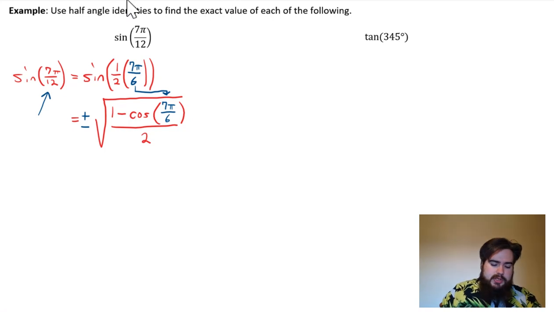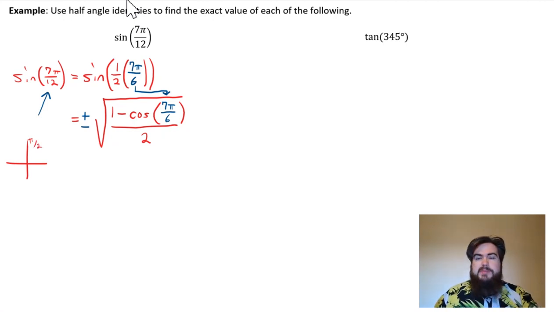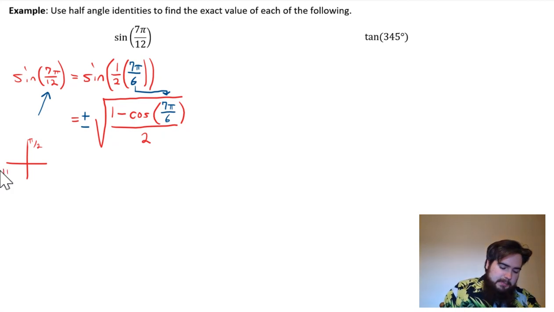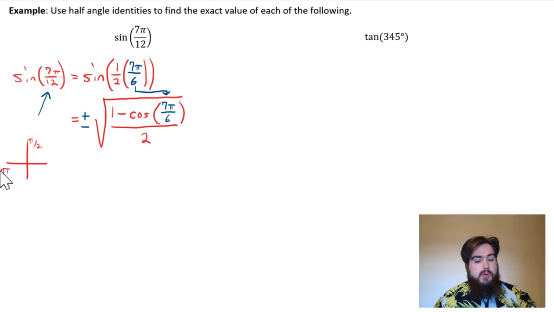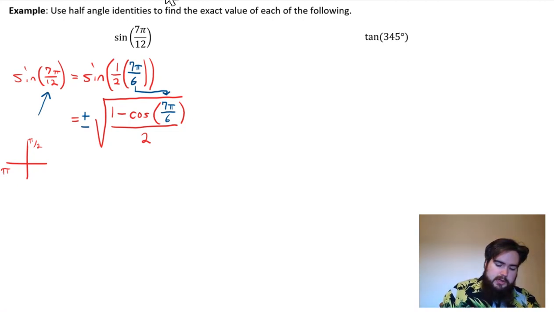7 pi over 12 is slightly past pi over 2, because pi over 2 would be 6 pi over 12. And it is less than pi, because pi would be 12 pi over 12. Meaning that my angle measure for 7 pi over 12 is somewhere in quadrant 2.